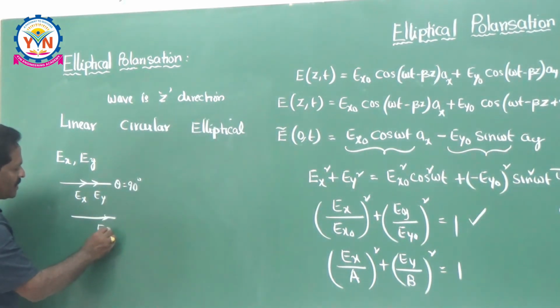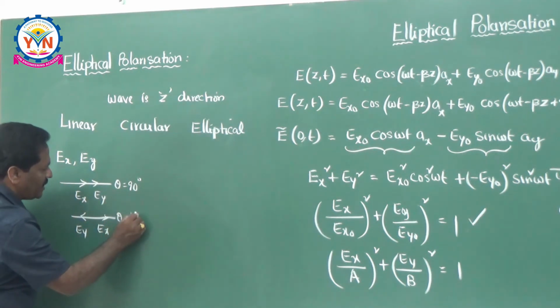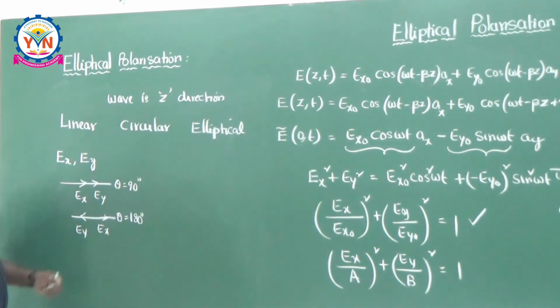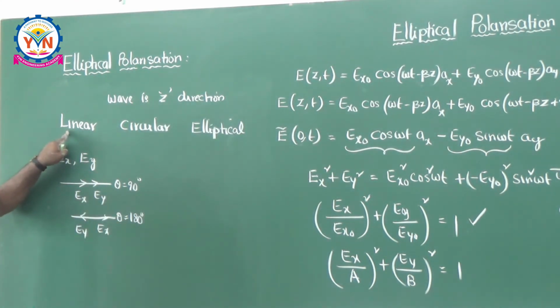It may be Ex and the opposite is Ey. The phase difference may be 180 degrees. So in the case of 0 degrees and 180 degrees, linear polarization comes into the picture. Okay, here the amplitudes may be different or the same, whatever it may be, but always they will be in phase or out of phase.